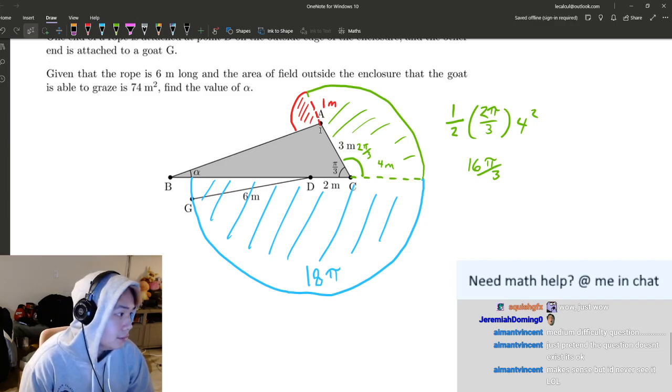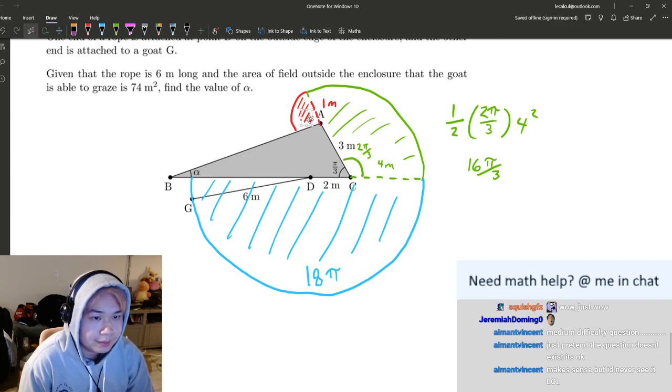Oh, okay. And then this is where it comes into play that I can finally find out this angle here. Because let me just make some space here. I like this question. It was just difficult is all.